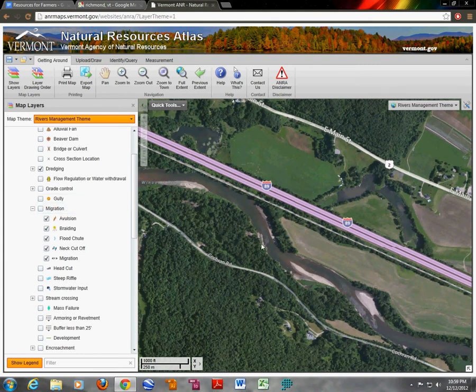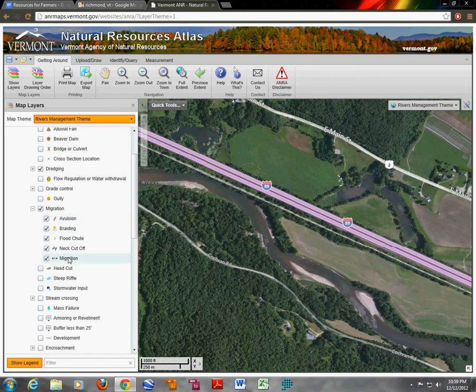flooding. And so here, this tab, migration, I don't know if there's any around here, but avulsion, braiding, and migration are probably the three most important in this layer. Avulsion's where the river takes part of the bank and washes it away and carries it away with it, and that shows signs of instability.